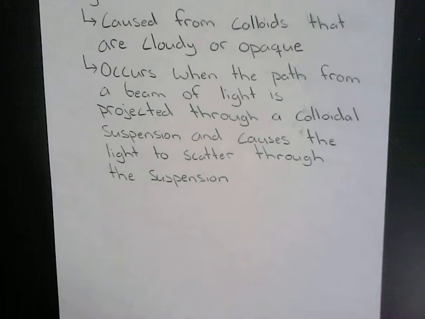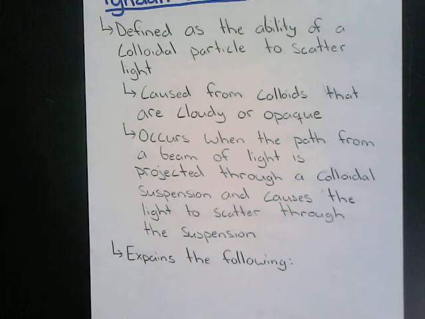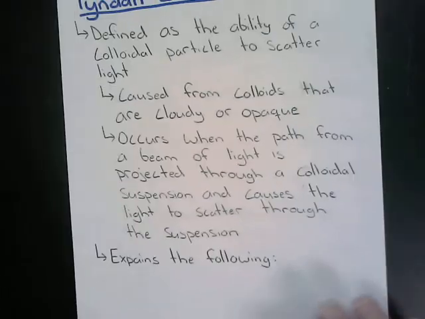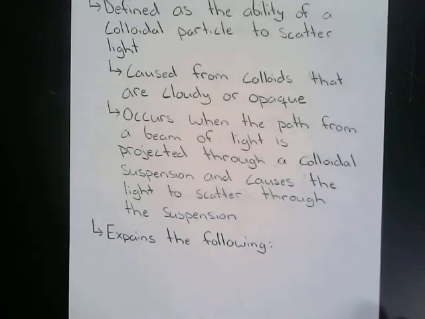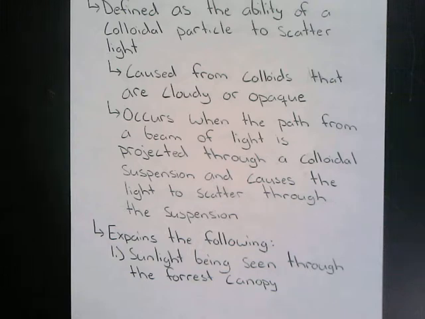So the Tyndall effect can explain the following. One of the things that it can explain is sunlight being seen through a forest canopy. If you've ever been in the woods or the forest, what you notice is as the light passes through that forest canopy, the light seems to scatter in a bunch of different pieces, and you can almost see a spotlight from that scattering of light.